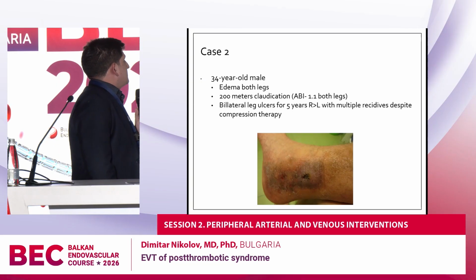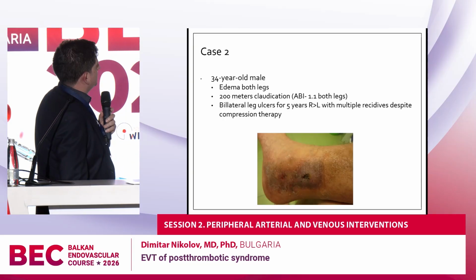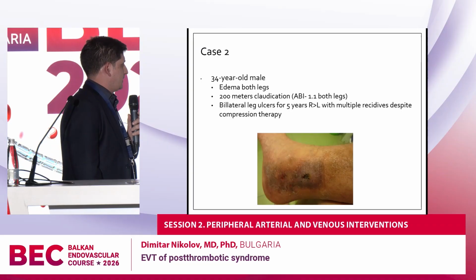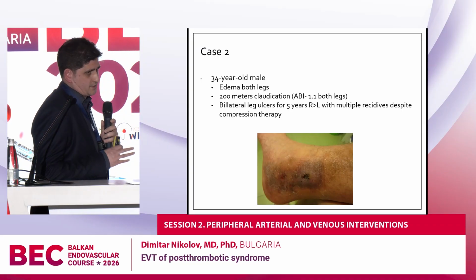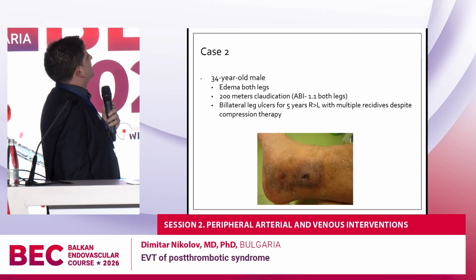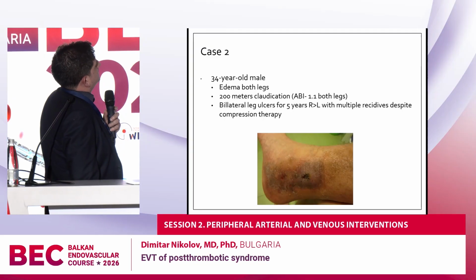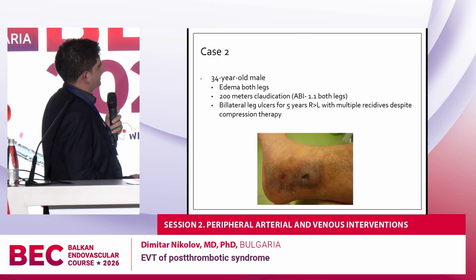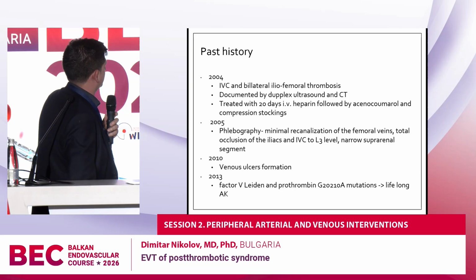The second case is a 34-year-old male with edema on both legs and claudication at 200 meters. The ankle brachial index is above 1, so there is no arterial disease. Bilateral leg ulcers for 5 years with multiple recurrences despite the compression therapy.